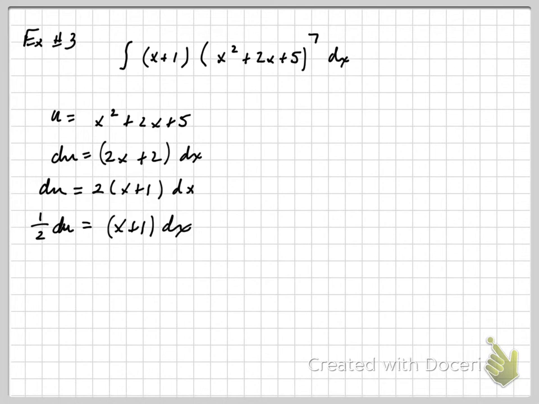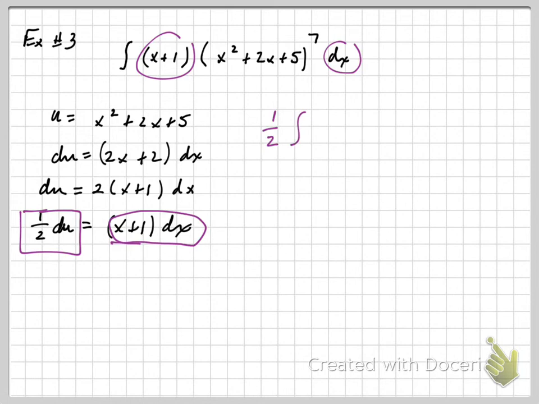So again, time for colors. I can substitute this in place of the x plus 1 times dx. So this and this gets substituted for. Okay, so I can put a 1/2 du in place of that. Alright, then I also have, if I get the colors out, this function right here.